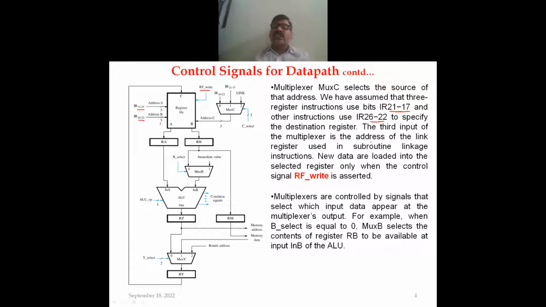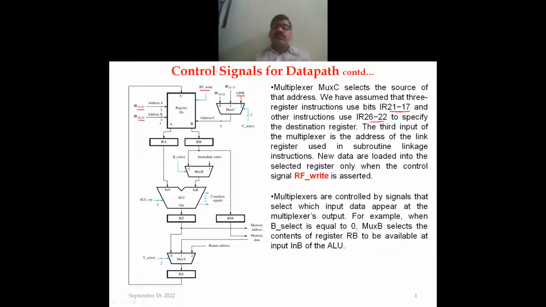The third input of the multiplexer is the address of the link register used in subroutine linkage instructions. New data are loaded into the selected register only when the control signal RF underscore write is asserted, or enabled.